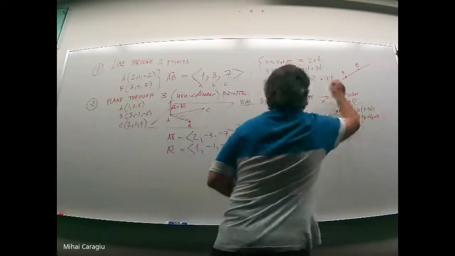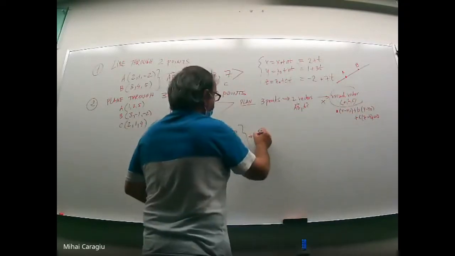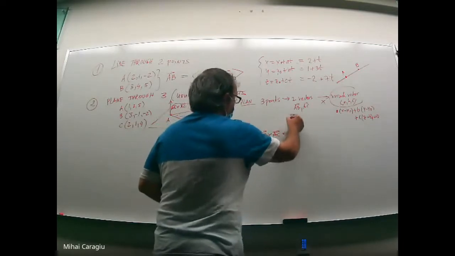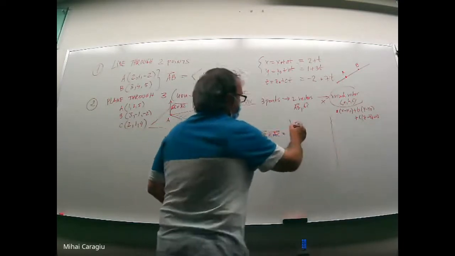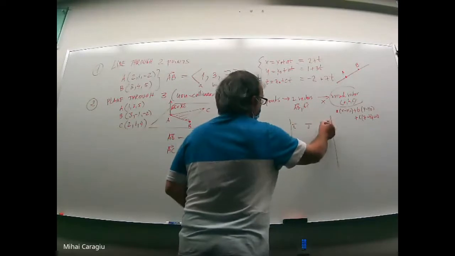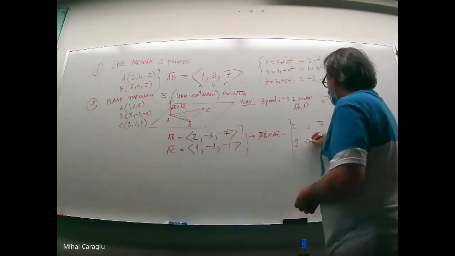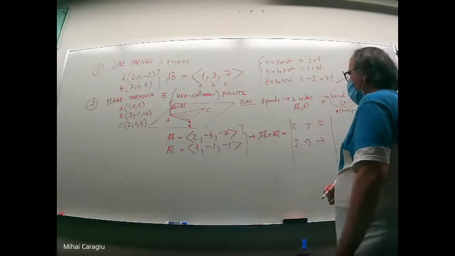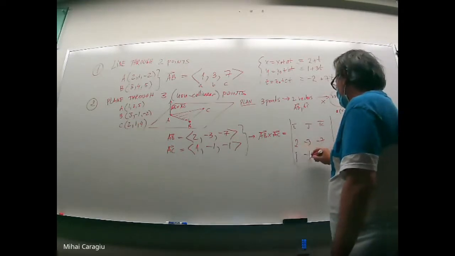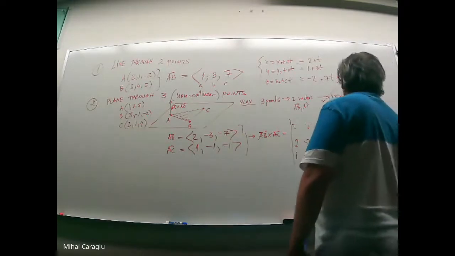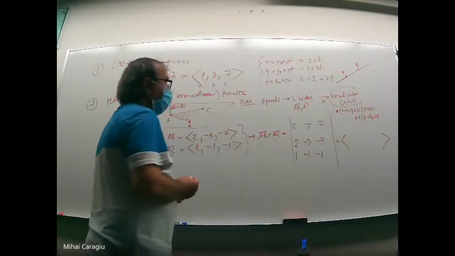From these two, let's get a normal vector. AB cross AC is the determinant with i, j, k, then 2, -3, -7, and then 1, -1, -1. So let's see what we get here.